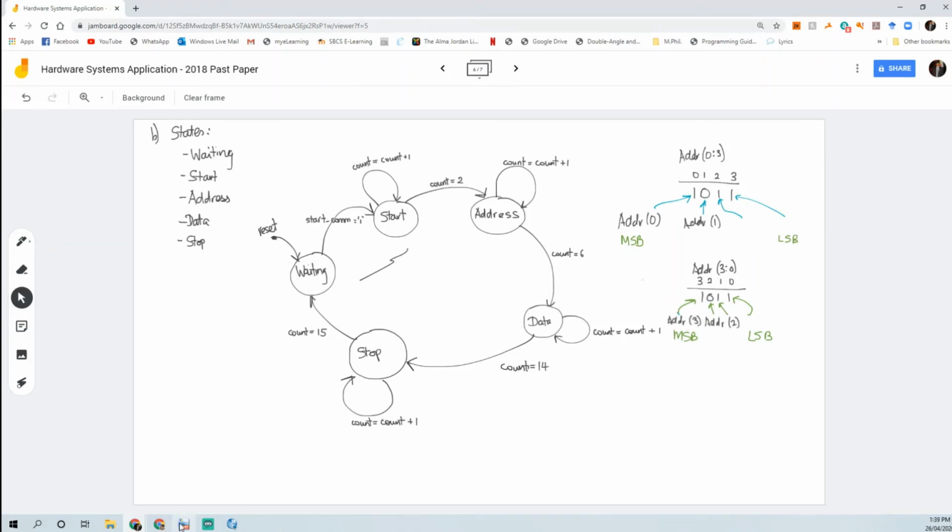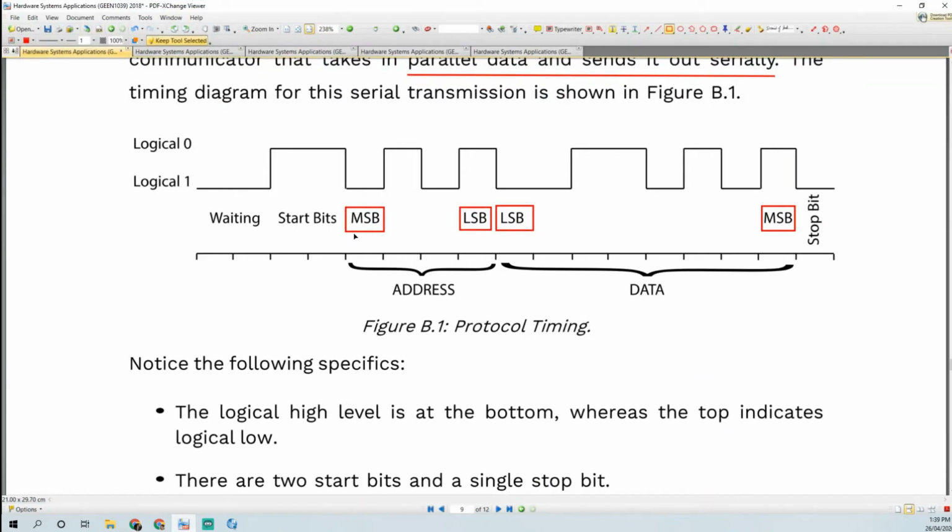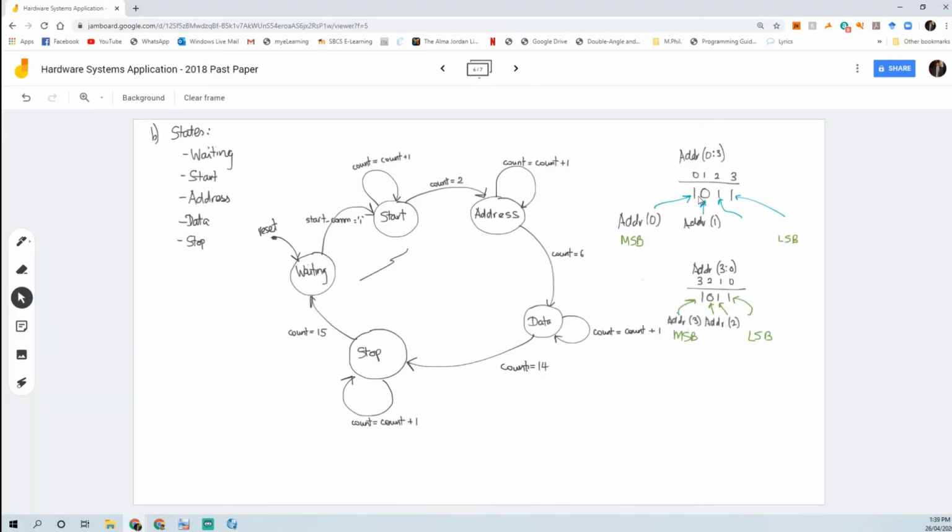Now that is important for us because we need to know which of these bits we're sending out first. So how we're going to do this is on every rising edge, we are going to increment the counter, as we know. And this counter is actually going to be used as the index to index these bits here.